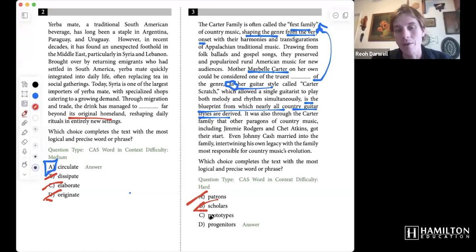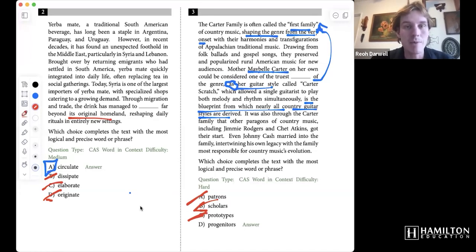Okay, finally, another one which has the right roots, but not the right meaning is prototype, right? She's one of the truest prototypes of the genre. A prototype is an object, okay? She could have created the prototype of the genre, right? That would maybe make sense. But can a person be a prototype? Simply put, not really.